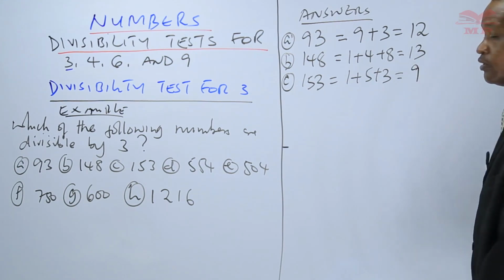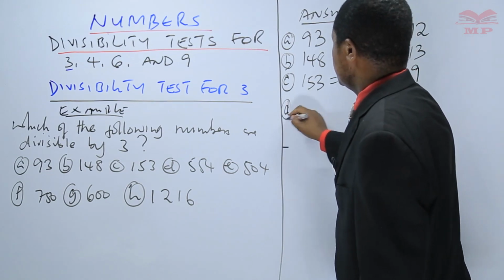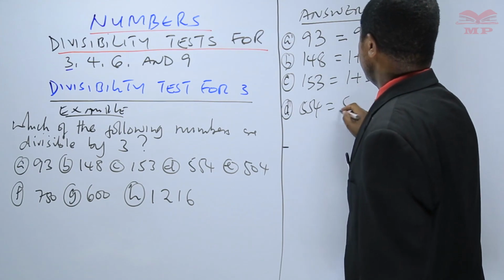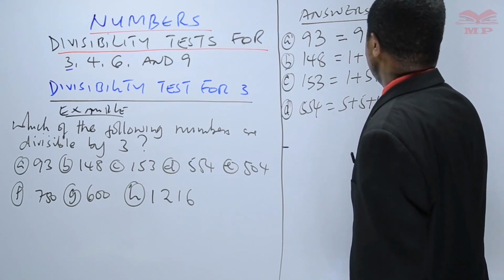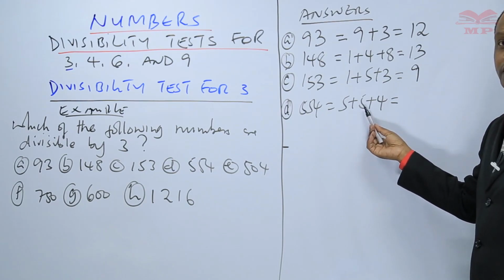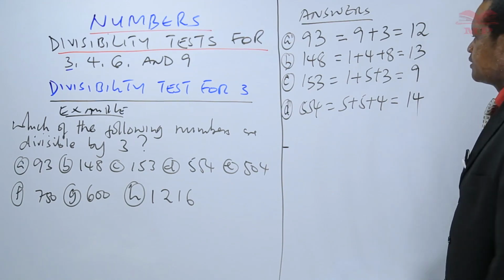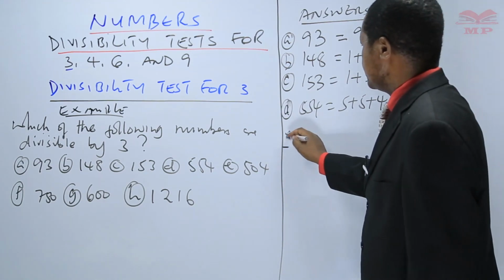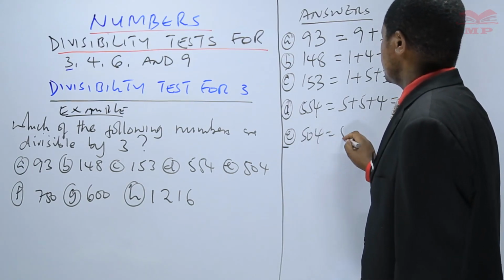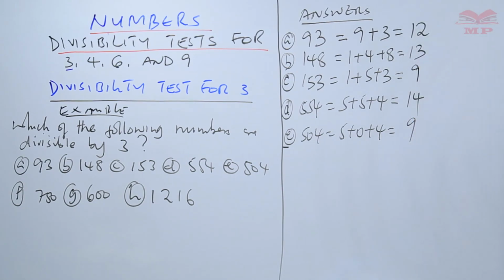Then D, 554 is equal to 5 plus 5 plus 4. 5 plus 5 is equal to 10. 10 plus 4 is equal to 14. Then E, 504 is equal to 5 plus 0 plus 4, which gives us 9.